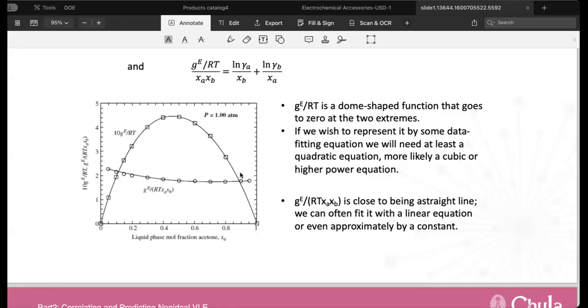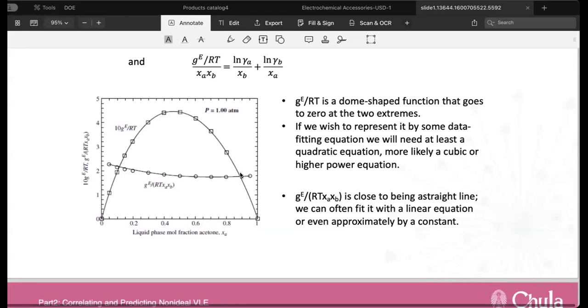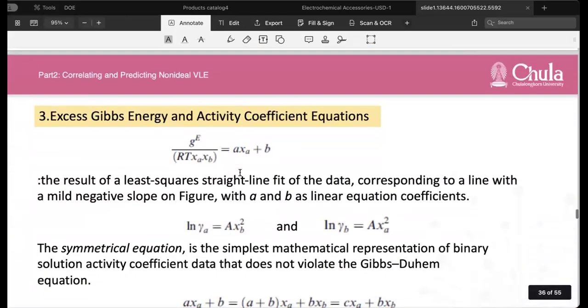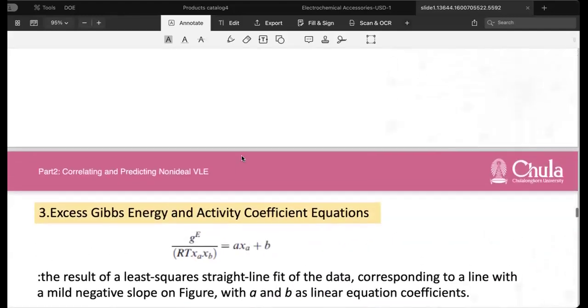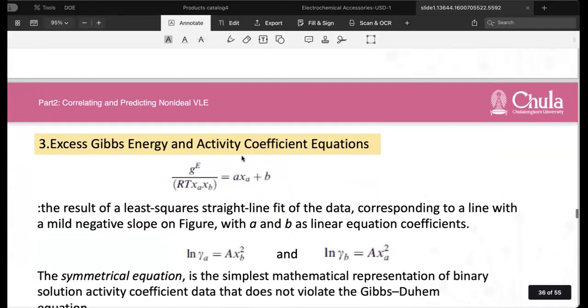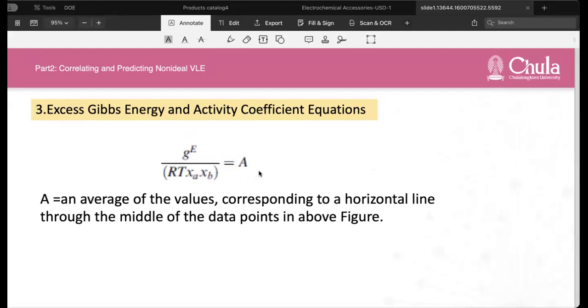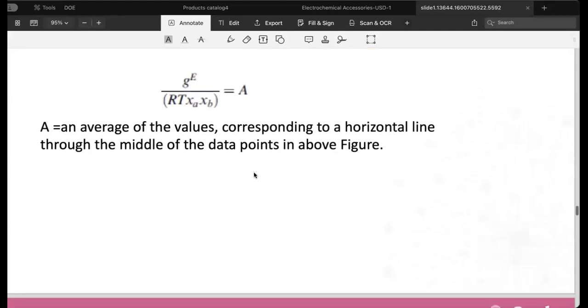If you don't want to use one parameter, you need two parameters. Then you can model GE over RT XA XB as A XA plus B. And in this case, you have two parameters. So what happens if you have only one parameter?